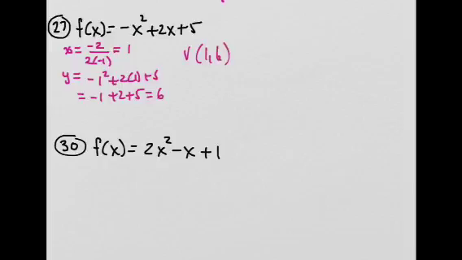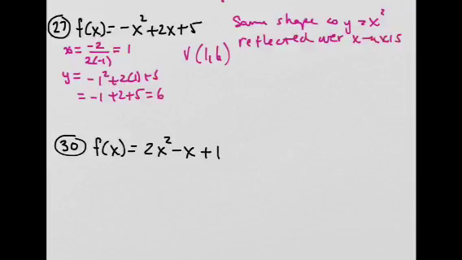So this is the same shape as y equals x squared, except it's reflected over the x-axis. How do I know that? Because a is negative.